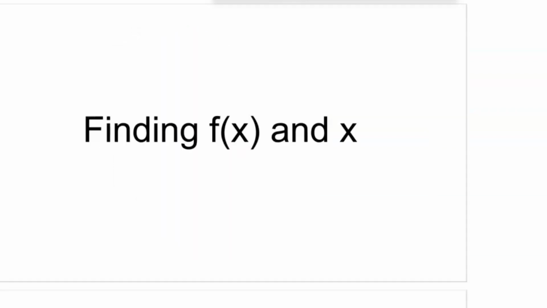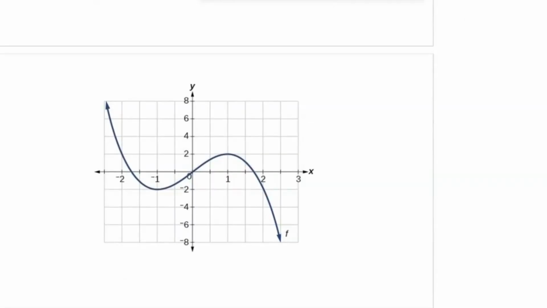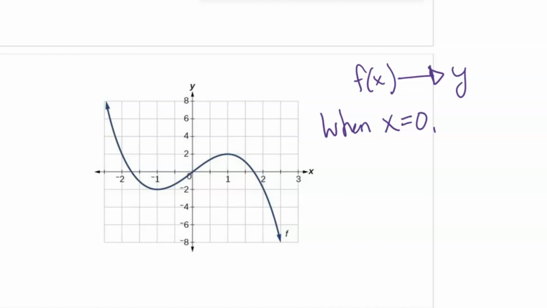Now I'm going to talk about finding f of x and x. So x would be the x value, and then f of x would be the y value. So you might get a question that says something like, when x equals 0, f of x equals, and then they'll have a question mark.